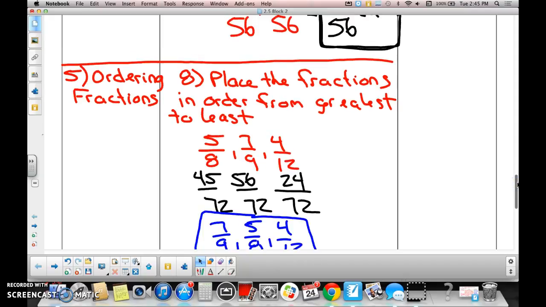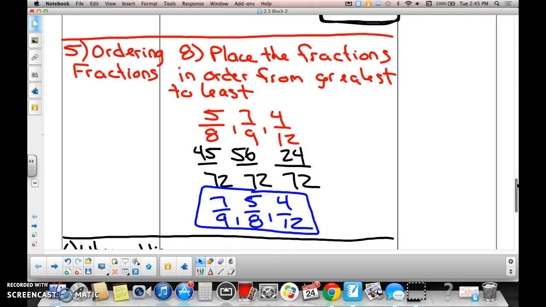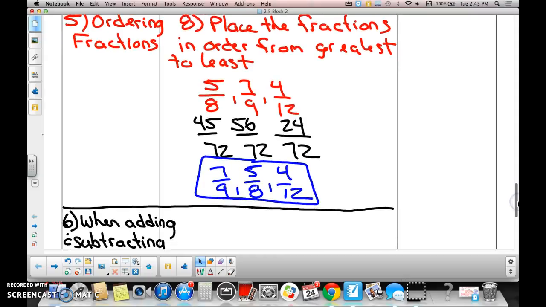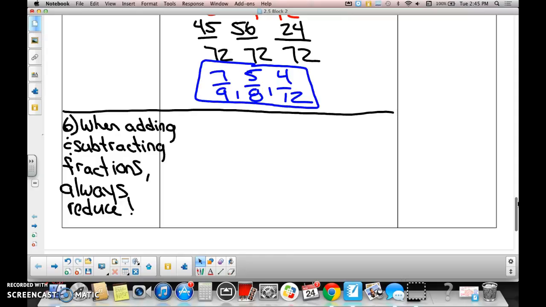Once you get your common denominator, you can order your fractions correctly. Make sure, Mrs. Euglin, only that you order your fractions according to the directions, right? So in this case, from greatest to least, right? And then always for number 6, your main idea, make sure when you're adding and subtracting fractions, you reduce to lowest terms. Questions?